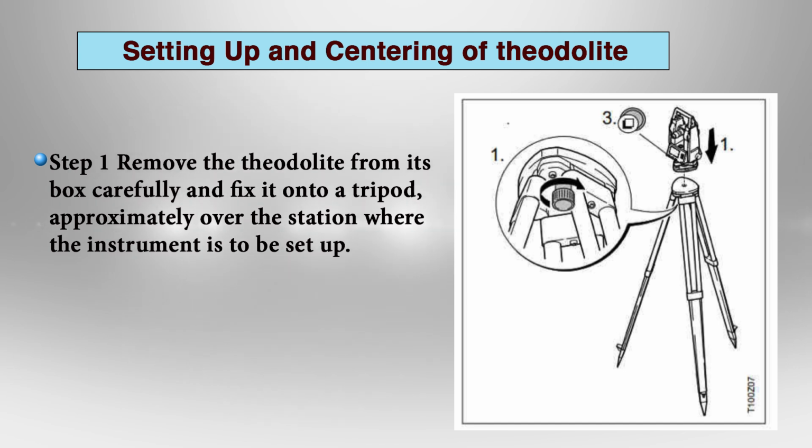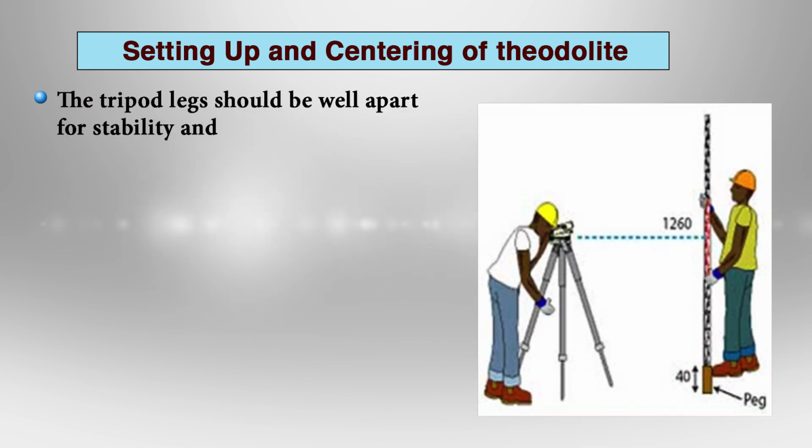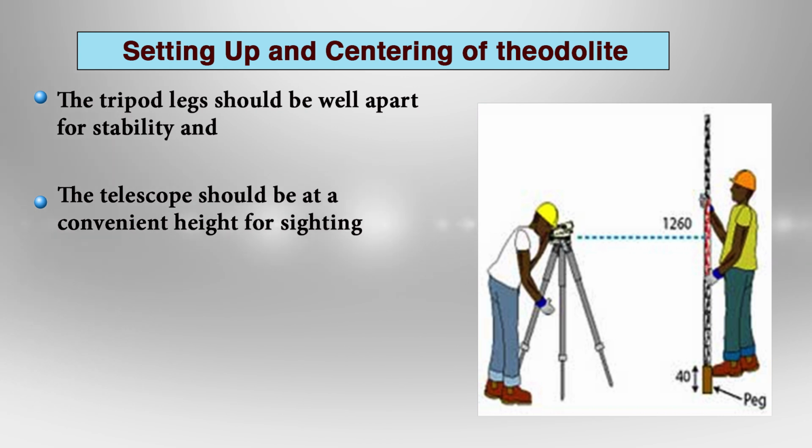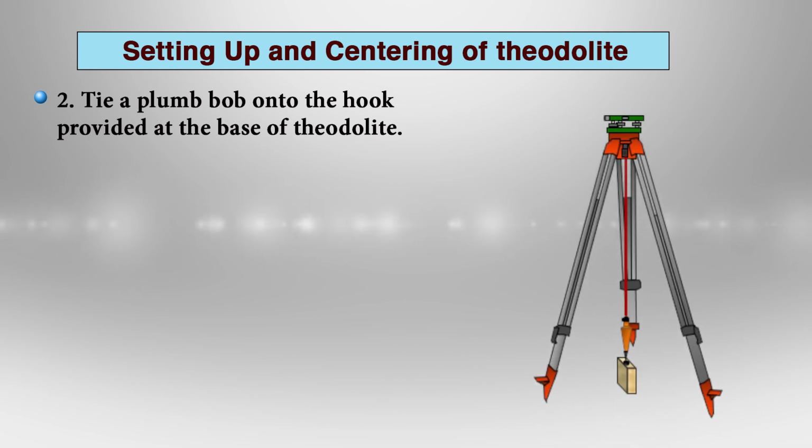Remove the theodolite from its box carefully and fix it on the top of the tripod. The tripod is a stand over which the leveling instrument or the theodolite is placed, approximately over the station where the instrument is to be set up. The tripod legs at this time should be well apart and the telescope should be at a convenient height for sighting. The next step: tie a plumb bob onto the hook provided at the base of the theodolite.